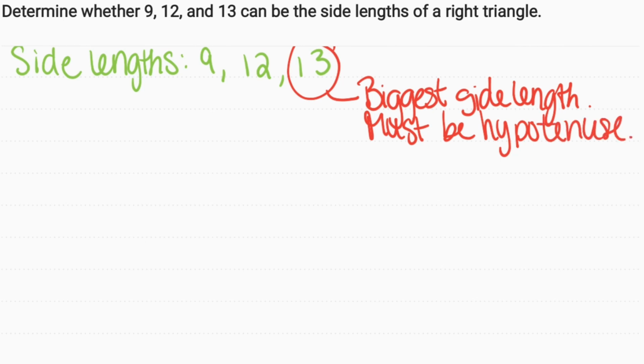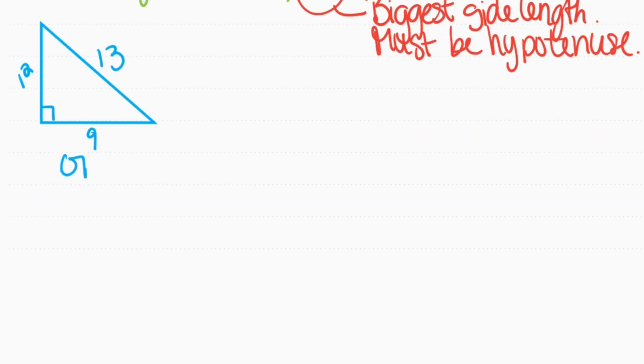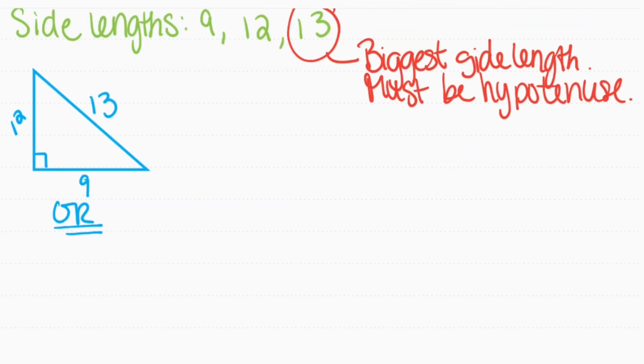Alright, so that means that one of the legs is 9, one of the legs is 12, and the hypotenuse is 13. However, you can have two triangles in this situation. You can have 9 be the bottom leg or 12 be the bottom leg. Regardless, either one is correct. It's the same thing.